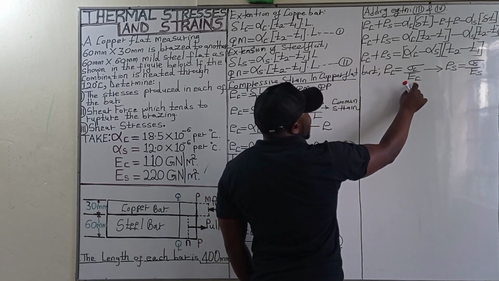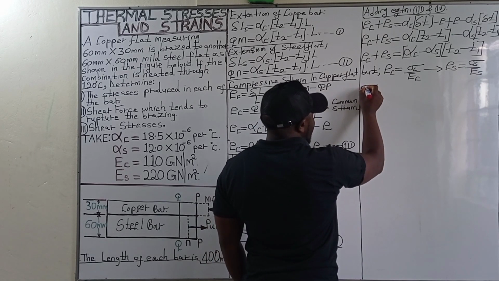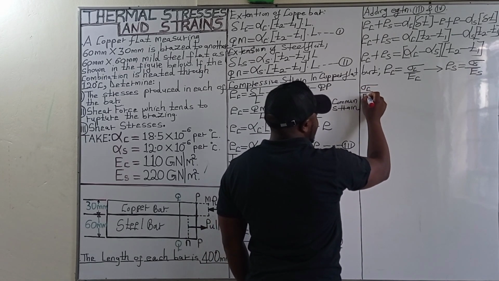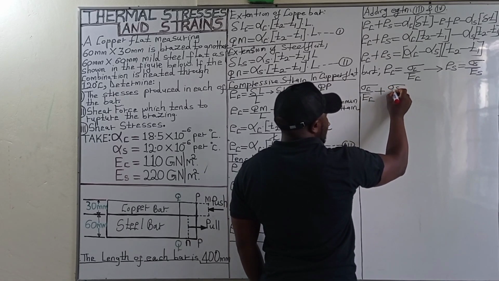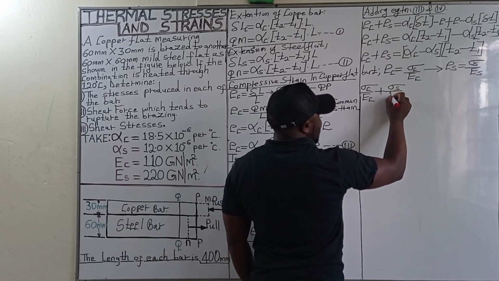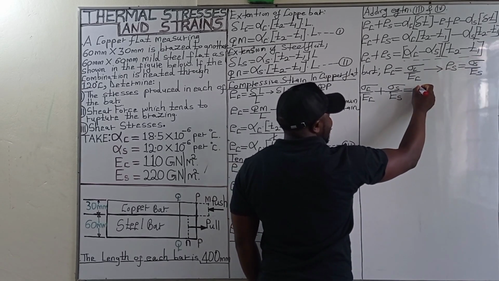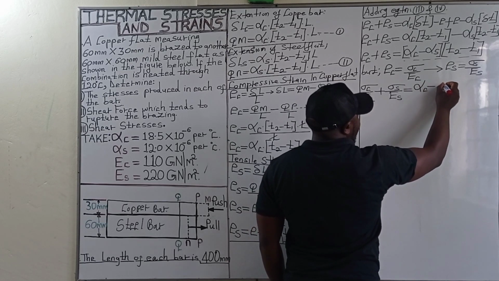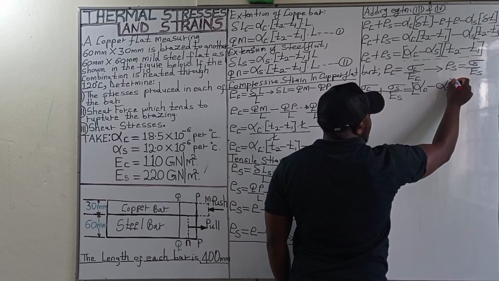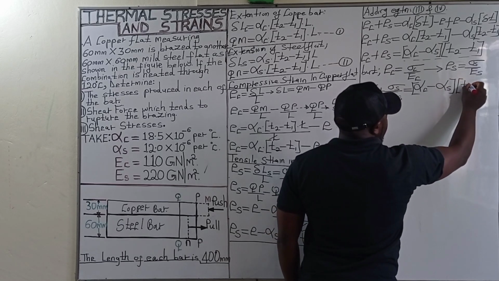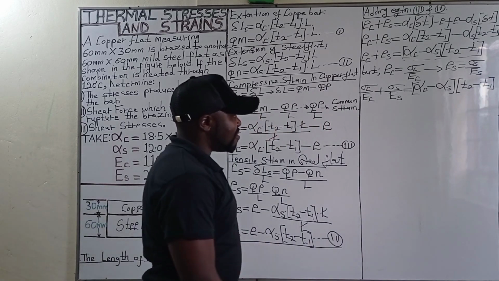When we substitute these formulas here, we are going to have stress in copper divided by the Young's modulus of elasticity of copper plus stress in steel divided by Young's modulus of elasticity of steel is equals what we have on the right hand side. Coefficient of copper minus coefficient of linear expansion of steel into T2 minus T1. That's all we are going to have.